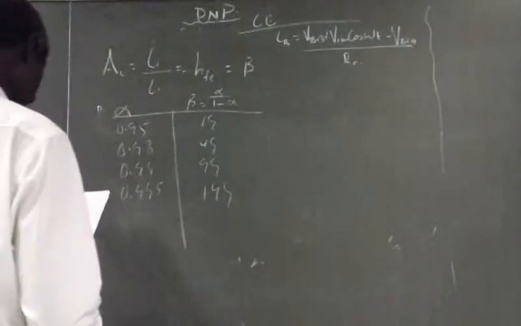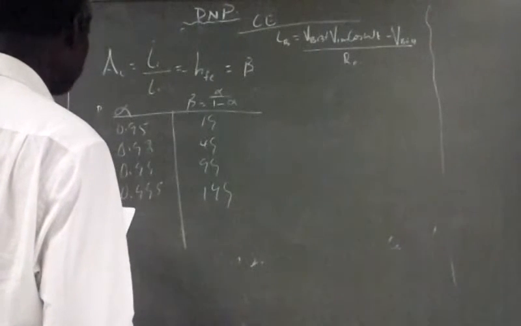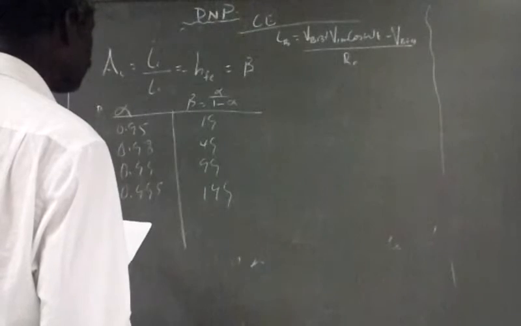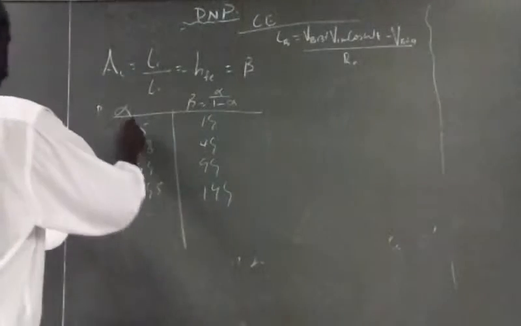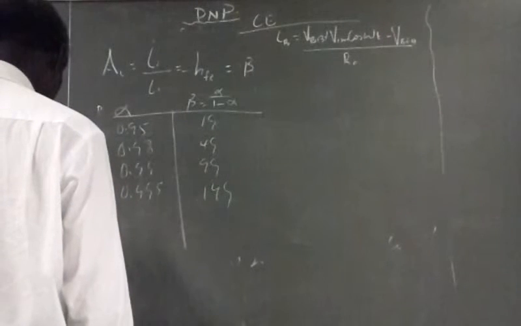So that's a relationship between beta and alpha. Beta being equal to alpha over 1 minus alpha. If alpha is equal to 0.95, beta is equal to 19.